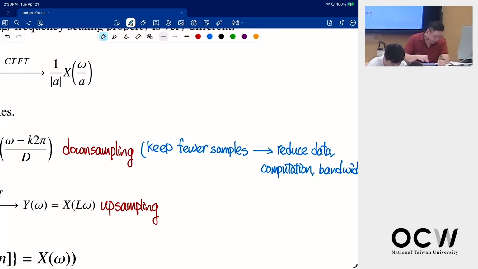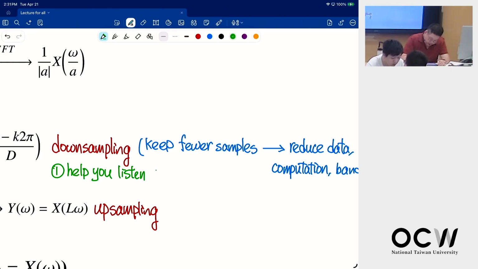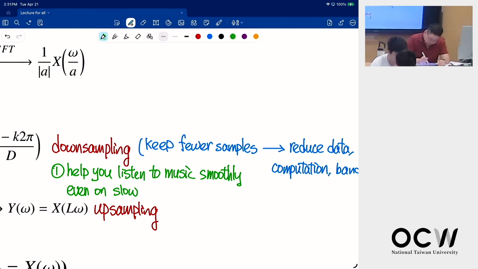For example, it can help you listen to music smoothly, even on slow internet.